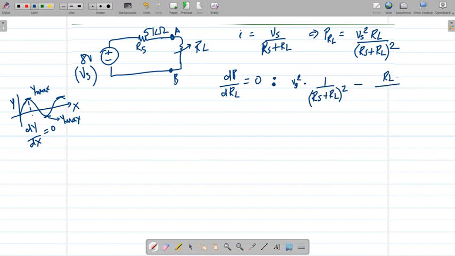So this is minus RL over Rs plus RL to the power 4, because d by dx of 1 by x is minus 1 by x square. And then again I have to take the inner part, which is 2 times Rs plus RL. Okay. And this Rs plus RL term will cancel out this to give power 3.